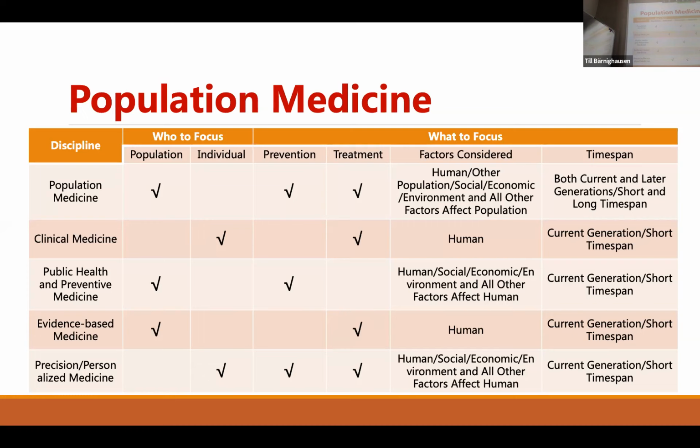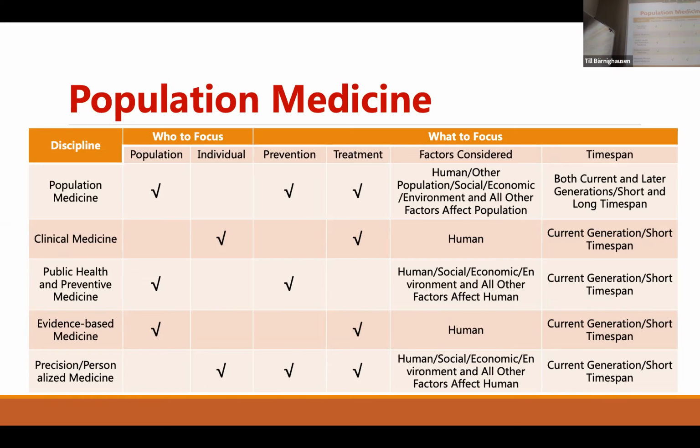These kinds of data can also define your own characteristics, and these behavior level data sets can be used for prevention, to give you preventive interventions and suggestions. To say, okay, you need to have healthy food or something like that based on your own preference. So precision medicine can also focus on prevention.